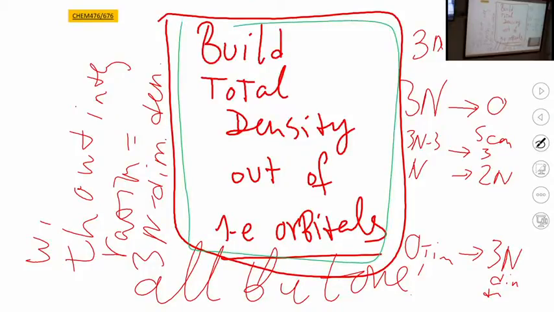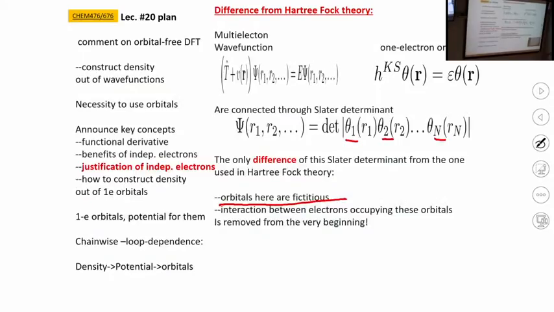Build total density out of one-electron orbitals. I'm going to go over a little practice, a few equations that are possible to derive. Again, you just sit, relax, lean back, and sleep.